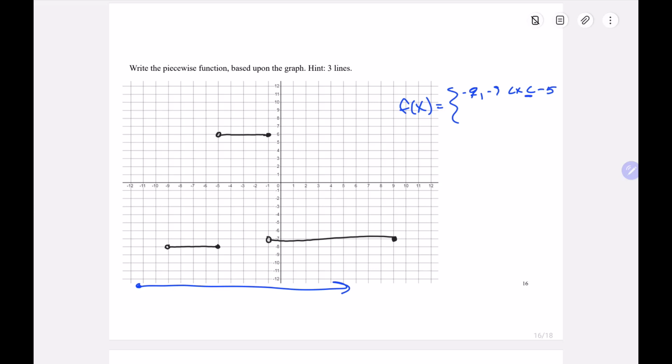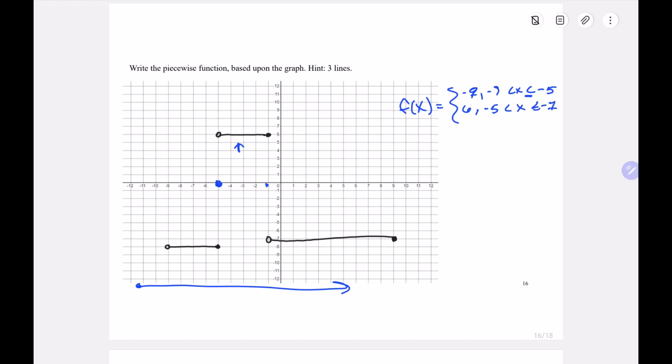So then if we look at our next section, we're up here, and we're going from -5 to -1, and we can see for where we equal 6, we are going from -5 less than x less than or equal to -1.